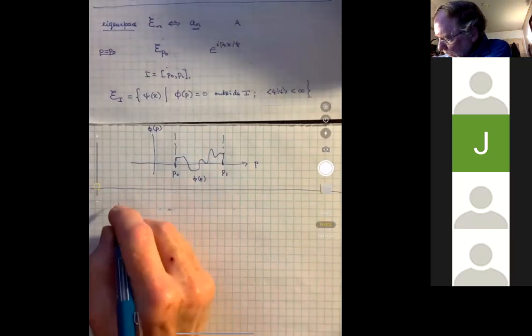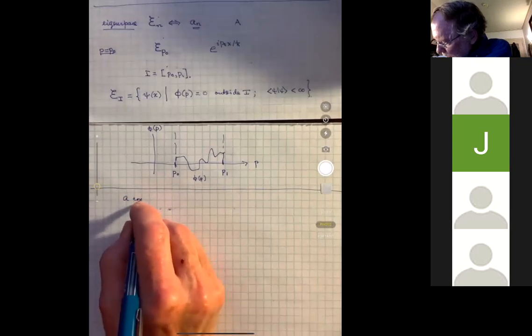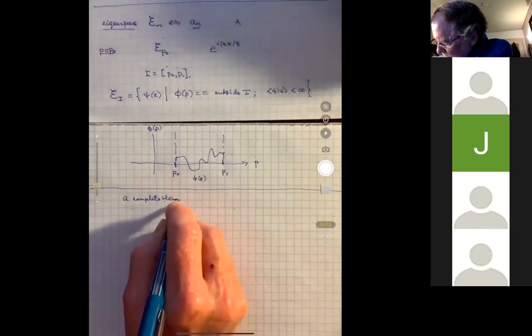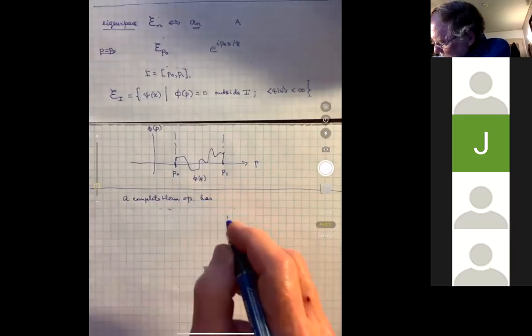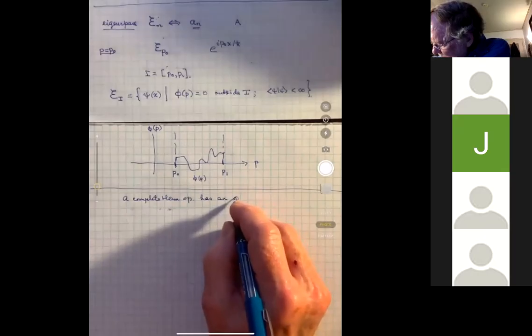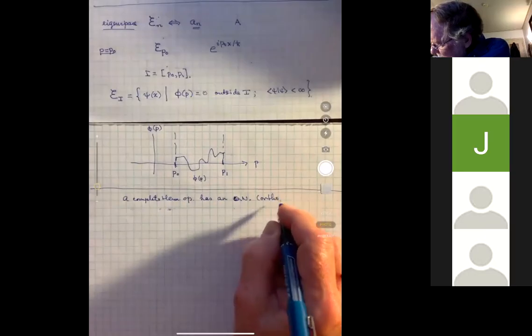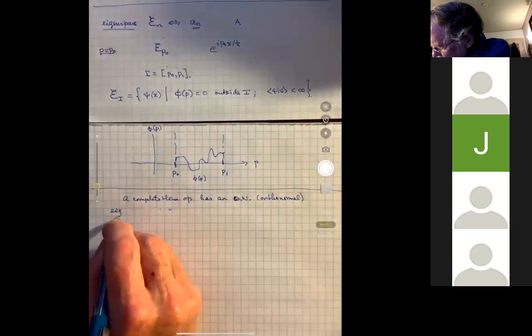The theorem is the following: a complete Hermitian operator has an orthonormal eigenbasis, ON, which stands for orthonormal eigenbasis.